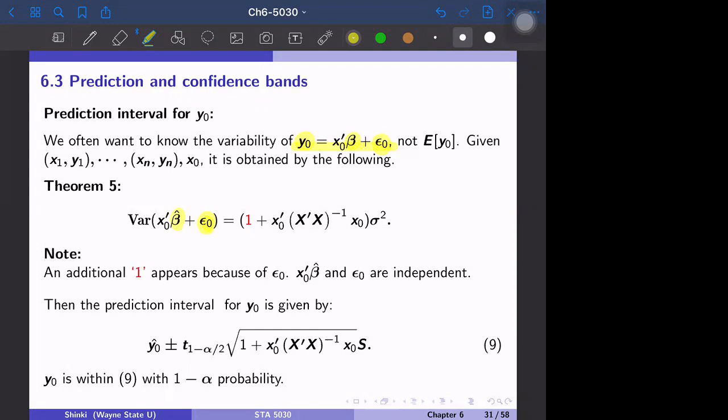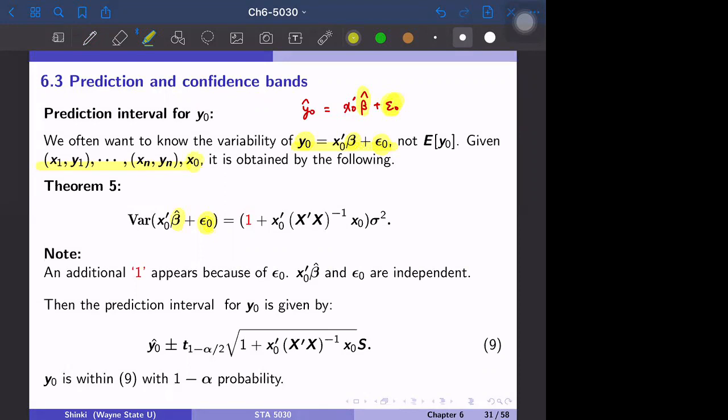If we think about estimating y0, then y0 hat is equal to x0 transpose times beta hat plus epsilon naught. Both beta hat and epsilon naught have randomness. Beta hat is estimated based on the existing observations, and epsilon naught is based on the new observation x0.